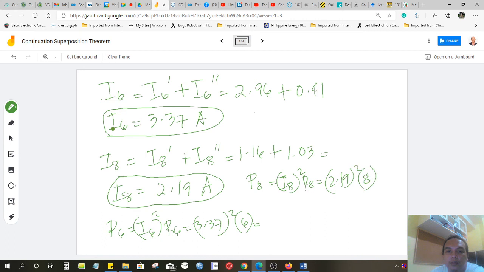So P8 is 38.37 watts, and P6 is 68.14 watts.